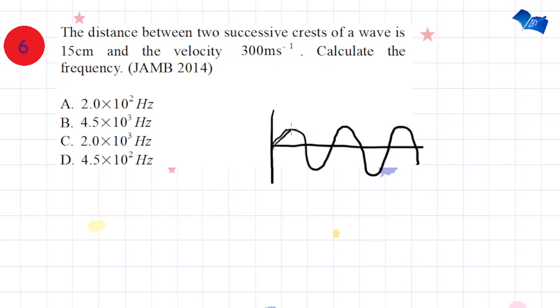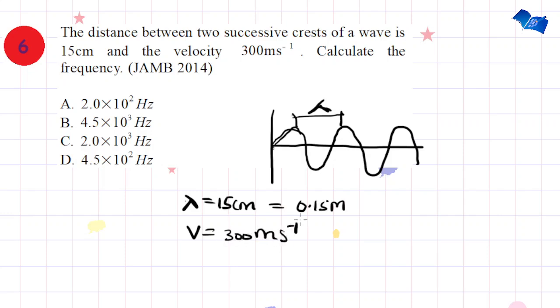Okay, the distance between successive crests is what we call the wavelength, lambda. Very, very important. So lambda is equal to 15 cm, which we have to convert to meters, very important, which is 0.15 meter. We are given the velocity as 300 meters per second, right?